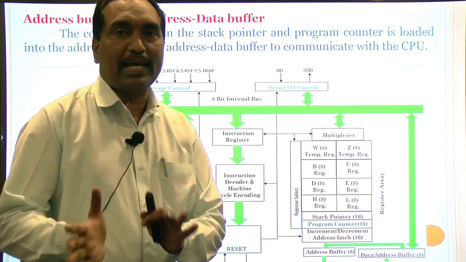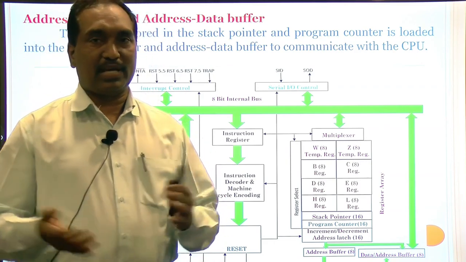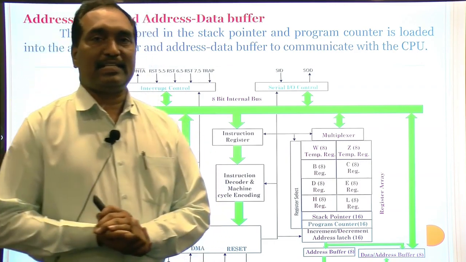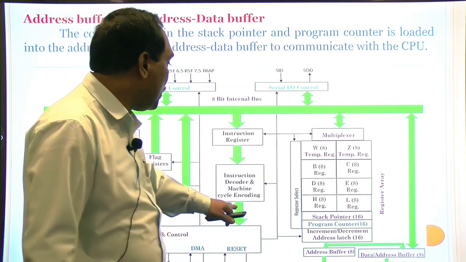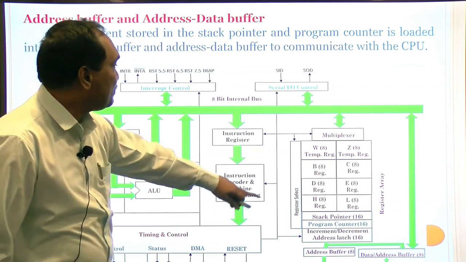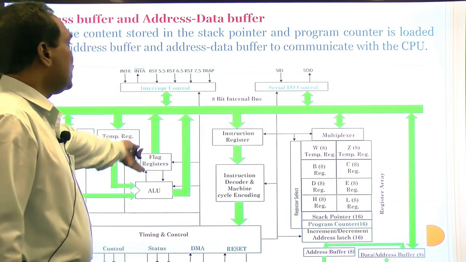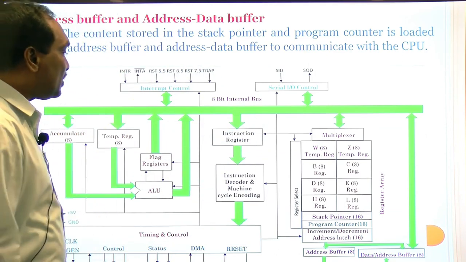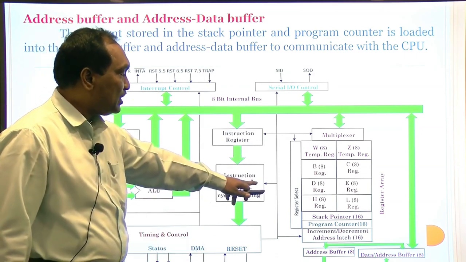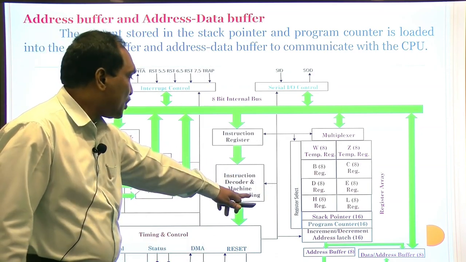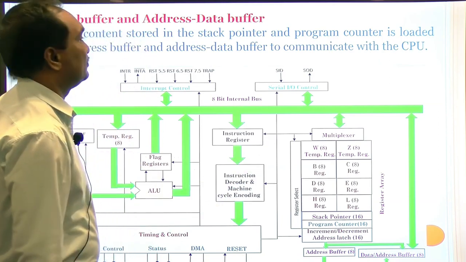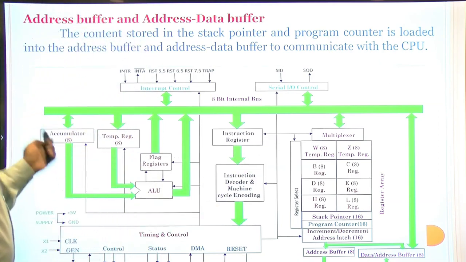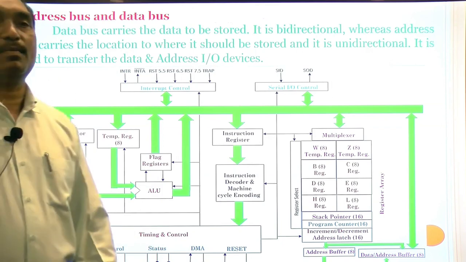That means there are 8-bit lines, that is address lines or data lines. Initially, the data available in the stack pointer or program counter enters the address buffer or data buffer. That is the importance of the address buffer and data buffer.